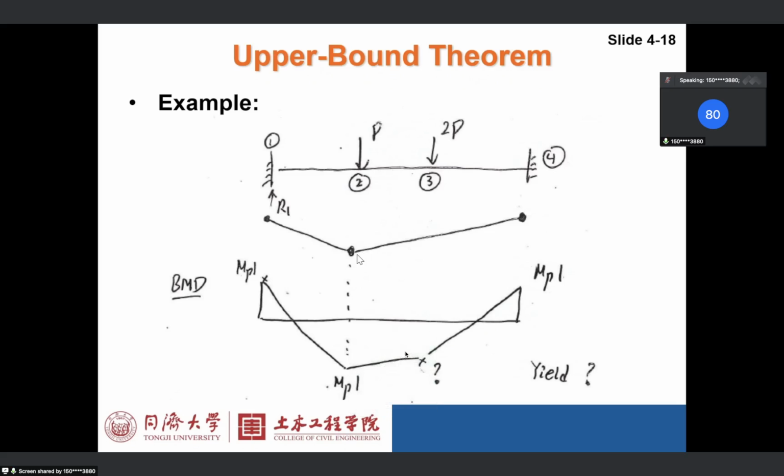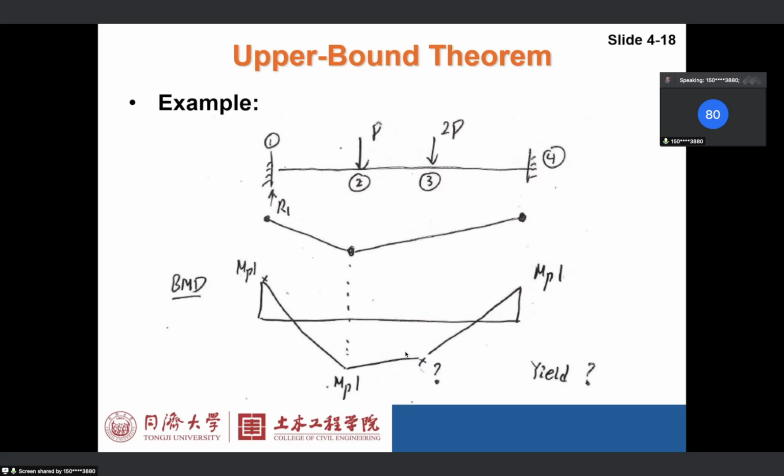And why the yield condition will be violated. First of all, we have 3 conditions, right? Which conditions are satisfied? First of all, the equilibrium equation is always satisfied. And the mechanism condition is satisfied, because we have a sufficient number of plastic hinges, regardless of the location. We don't care about location anyway.